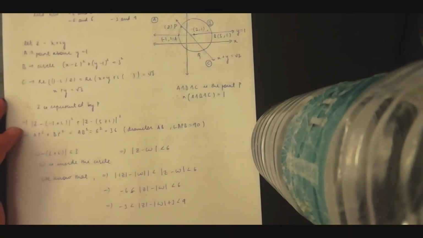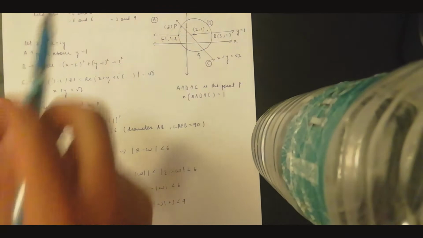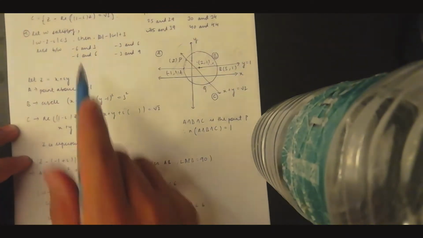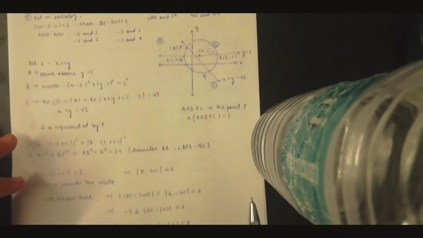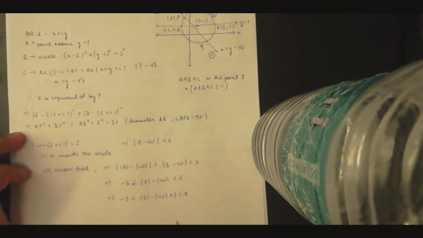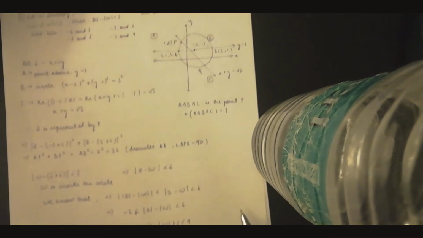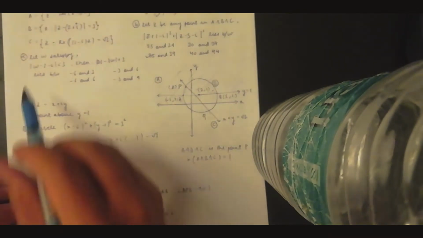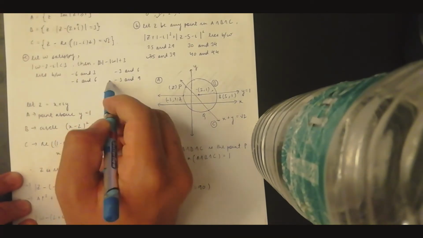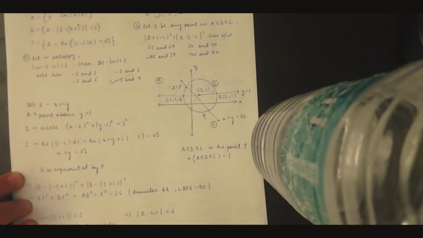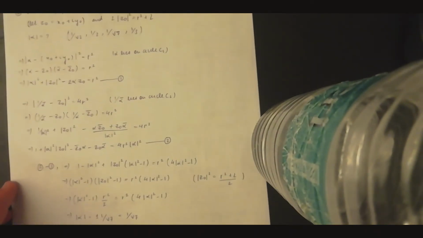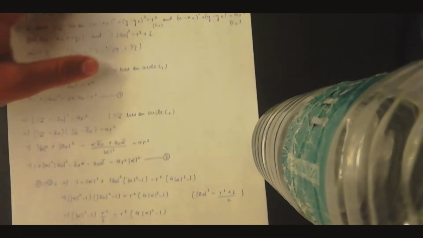And now we just add 3 to get our expression, so we add 3 and we get this. So this expression lies between -3 and 9, and since it lies between -3 and 9, our answer will be this. That's the first passage question. Now let's move on to the second question.